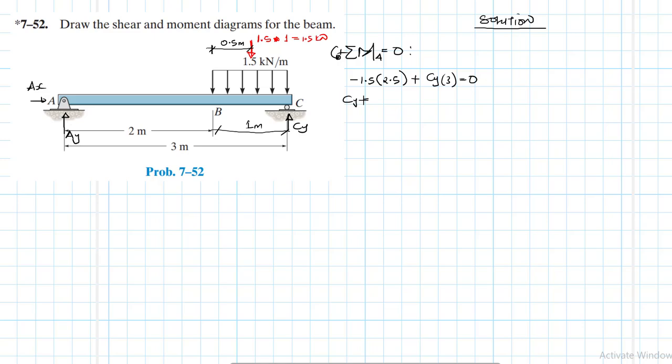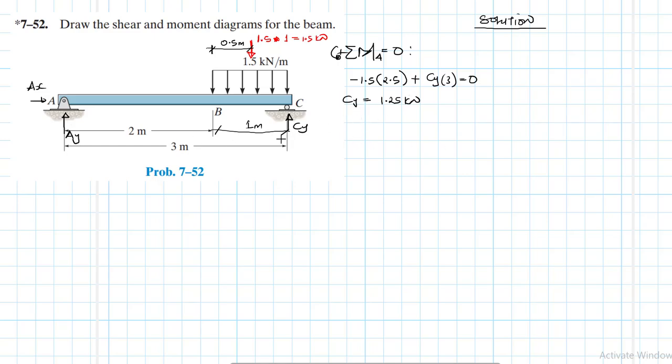Therefore, Cy is equal to 1.5 times 2.5, divided by 3. So Cy gives us 1.25 kilonewtons.